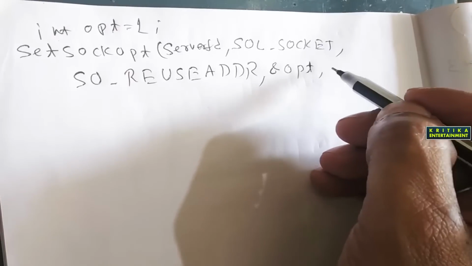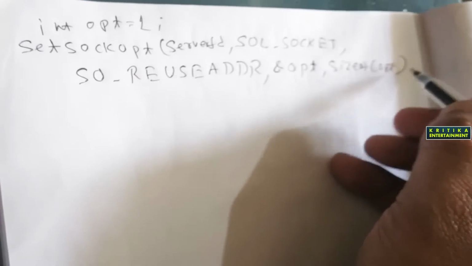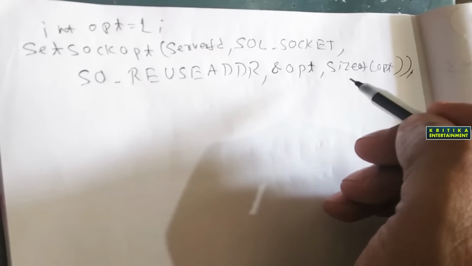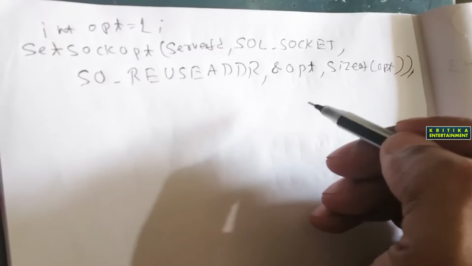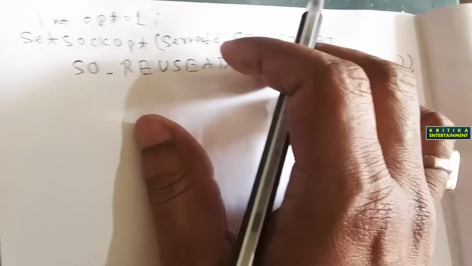I will tell you in the practical. Then size of opt. Write this line and you can check that you never get the repeated bind error. Then next I will come to the logic. What will we do here?